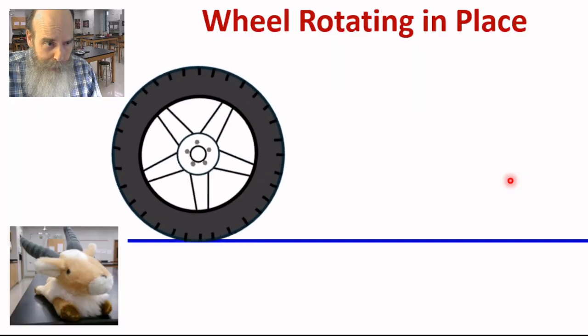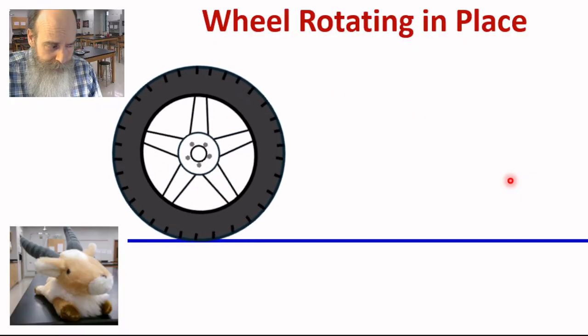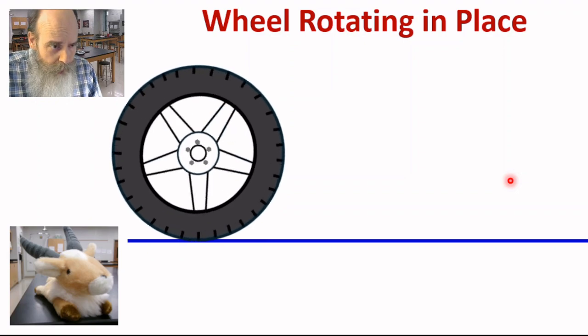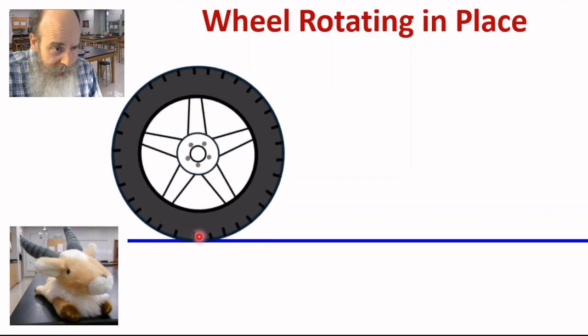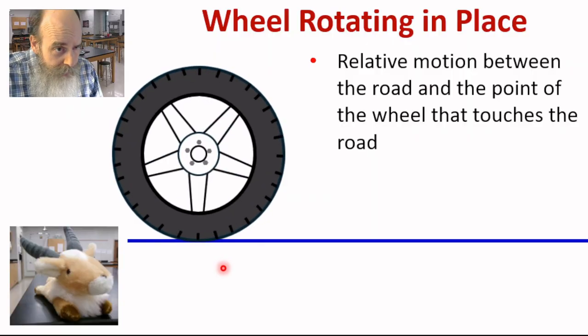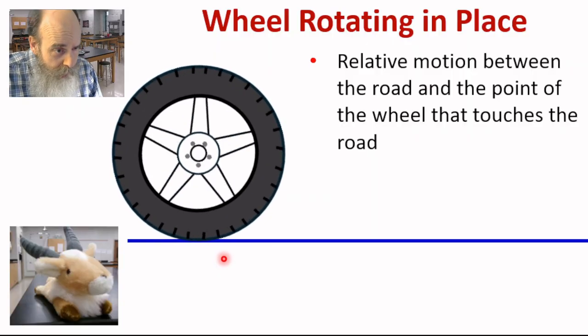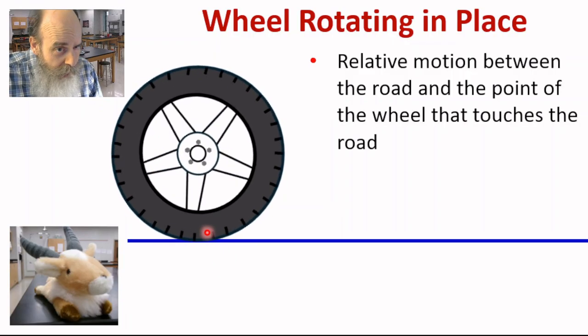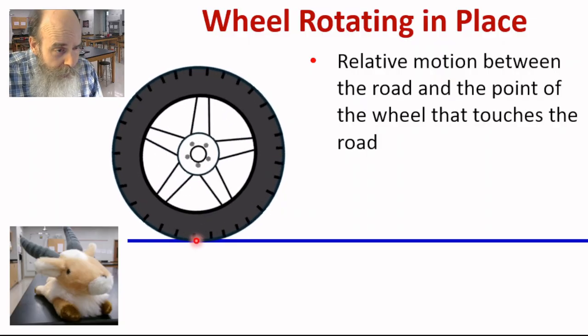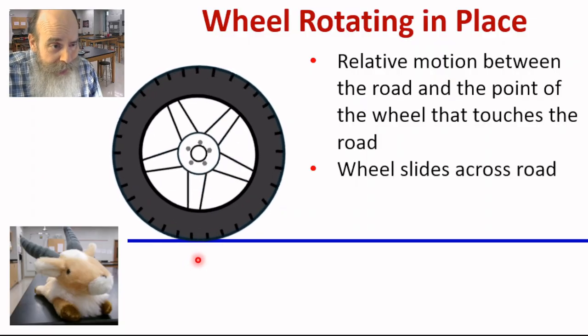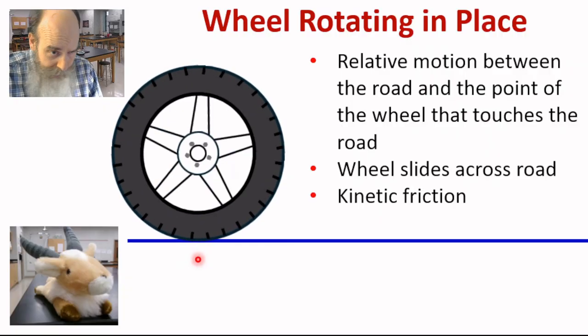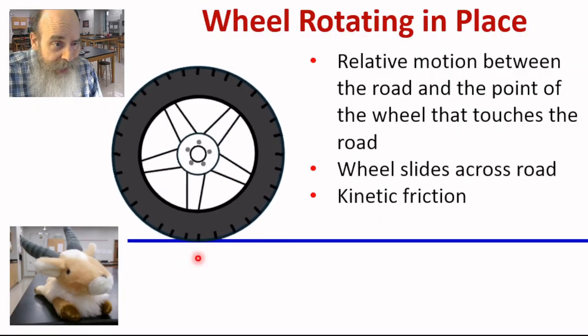Wheels turning, but no forward motion. If you look closely here, you can see that there is relative motion between the road and the point of the wheel that touches the road right here. The two surfaces are sliding across each other. So again, this is a case of kinetic friction.